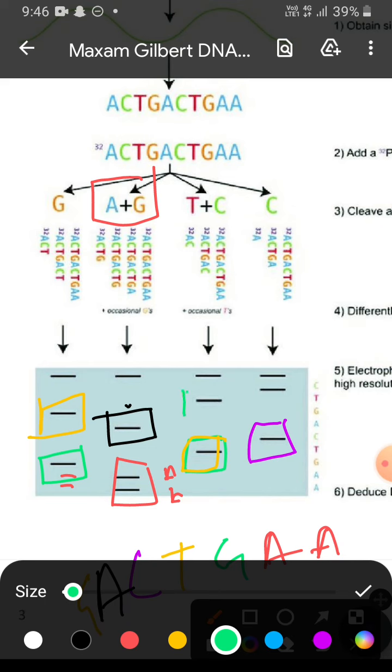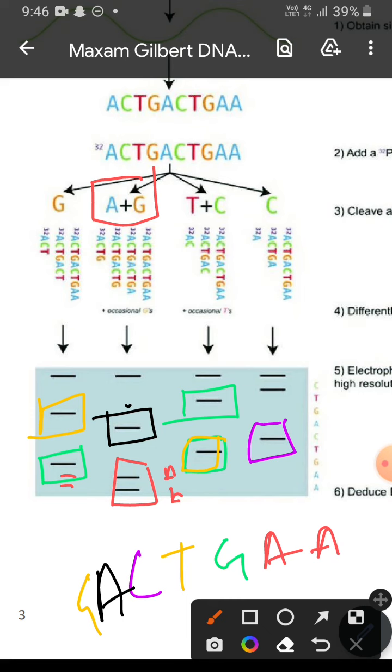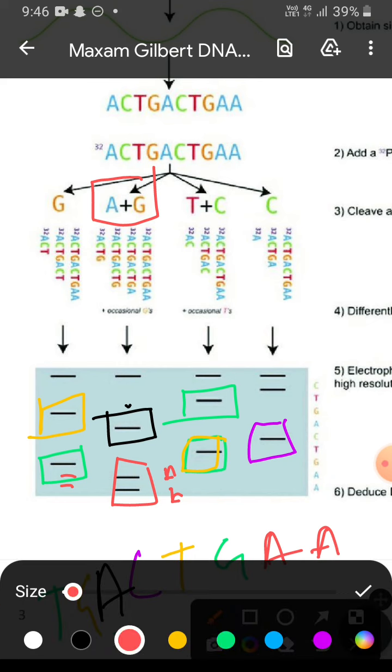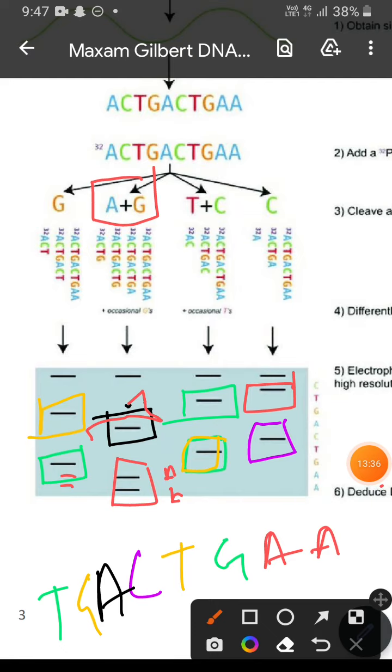Now we have a band in C plus T but not in C, that means it is T. And we have a band in C in the last one but not in C plus T, so our consideration is that it will be C.